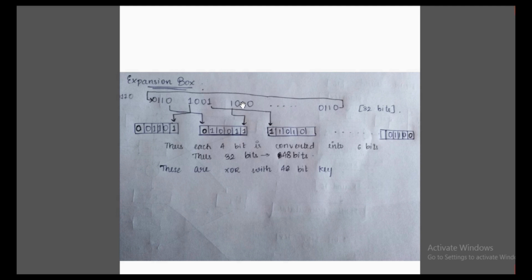Similarly for 1010, we'll put the 4 places as they are, and then go to the previous block and see the last bit, and this last bit will be the first bit for this block. And similarly this goes on until the entire input is finished.